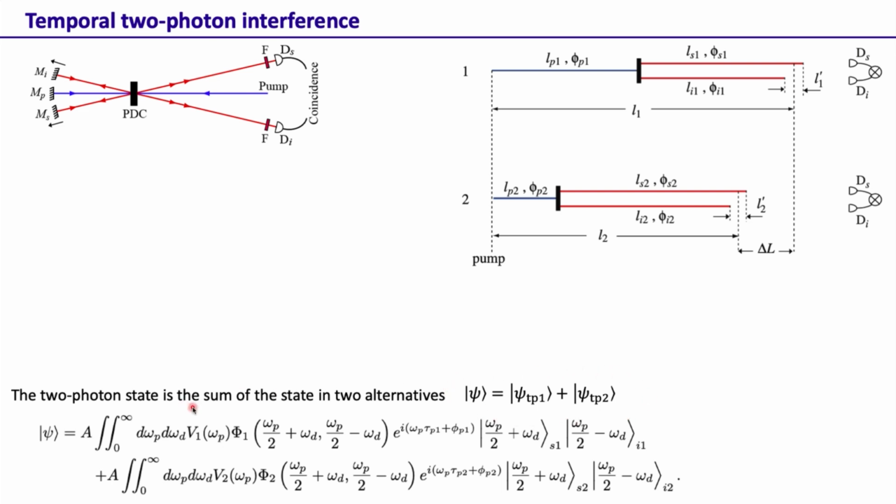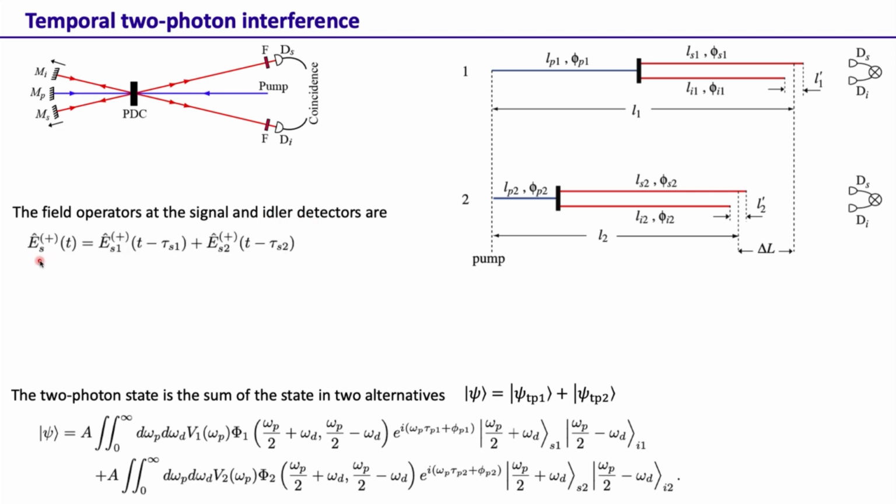Now before we can calculate any meaningful quantity with this state, we need to calculate the field operators at the signal and idler detectors. So the field operator at the signal detector ES, that's the positive frequency part. The field operator at time t at the detector is the sum of the field coming to the detector in alternative 1 and in alternative 2.